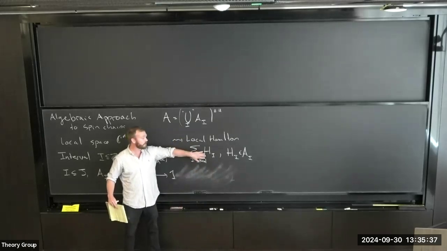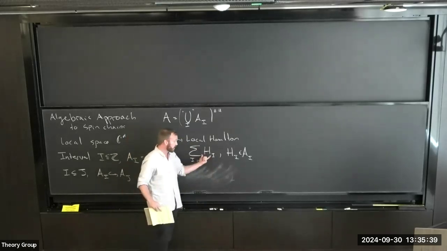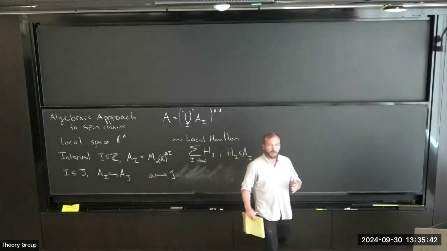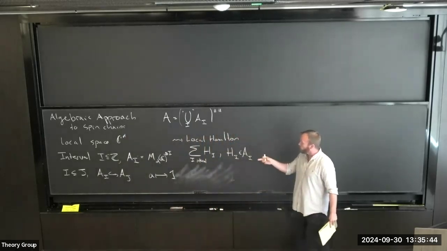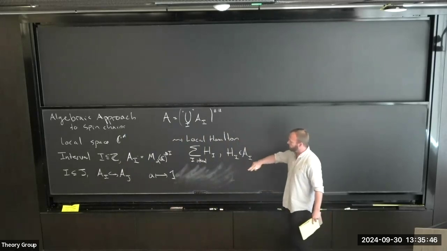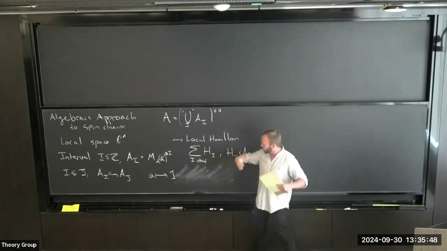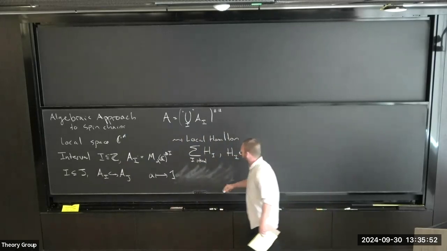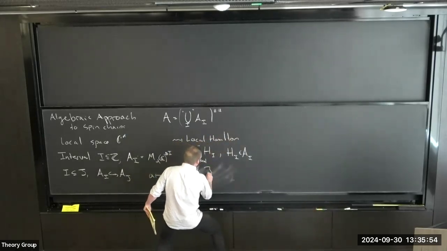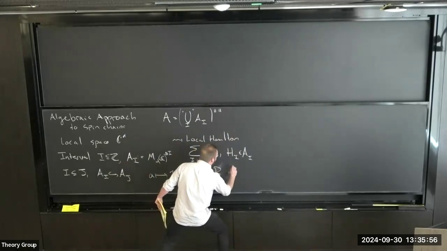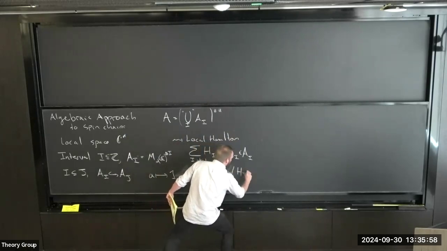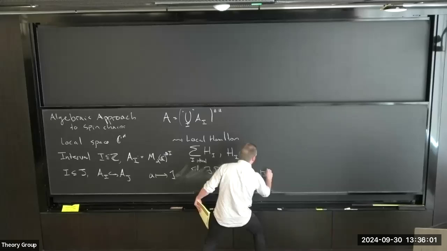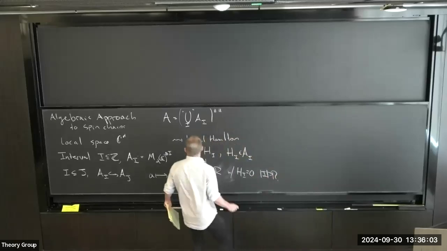You should think of these terms, these H_I's, as interaction terms, and the only interaction terms are localized. There's some sufficiently large R such that for any interval whose length is greater than R, these H_I's are zero. So that's what I mean by localized. So such that there exists an R with H_I equals zero for length of I bigger than R.